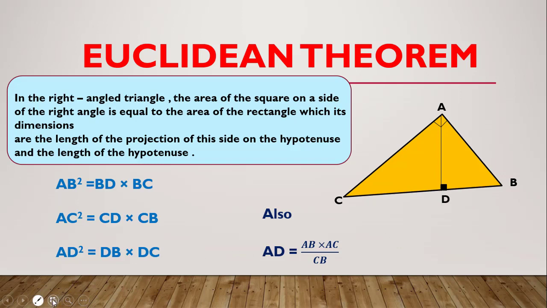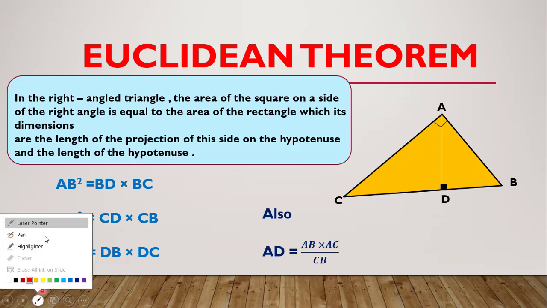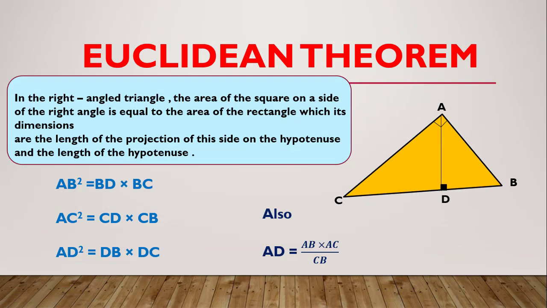Okay, how can we apply this theorem on this triangle? AB is the first side of a right angle triangle, so AB power 2 equals, what is the projection of AB on the hypotenuse? BD.